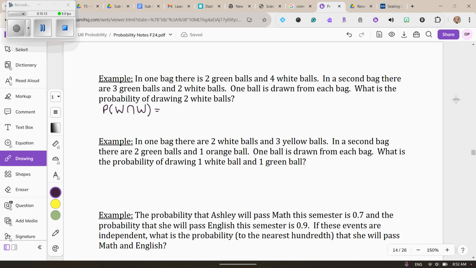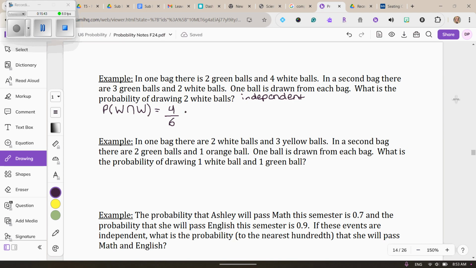So now I look at this and I determine, is it an independent or dependent event? As they are separate bags, it is going to be independent, meaning that the probability of my second white ball isn't going to change. So in the first bag, I have a 4 out of 6 chance of getting a white ball.